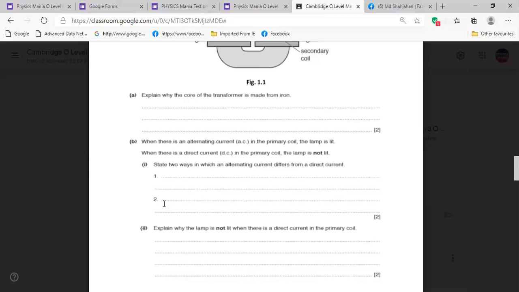So for having a change in magnetic field, we should have alternating current, right? Yes, sir. So how can we write the answer? Because direct current does not produce a changing magnetic field, right? Yes, sir.